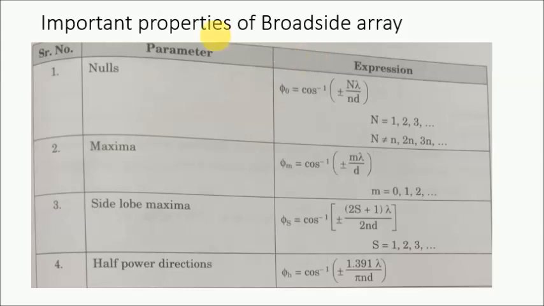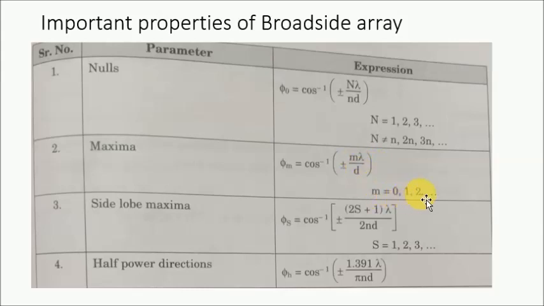Now the direction of the maxima. For the linear array, if the phase excitation alpha is given, and I put 0 for the phase excitation alpha, and put the value of beta also, then I will get phi m equal to cos inverse of plus minus m lambda divided by d, where m varies as 0, 1, 2, likewise.